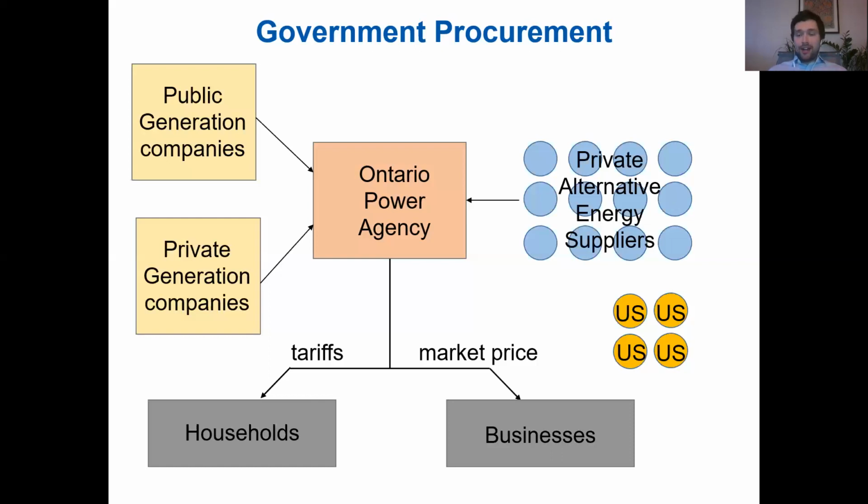So what is actually the concern here? The concern here was that this energy was purchased by the government, and there is no problem with the fact of government purchase here. Indeed, it's a purchase by the governmental agency. But the question here is whether there is some commercial resale that happens once energy enters this big pool of energy of the Ontario Power Agency.